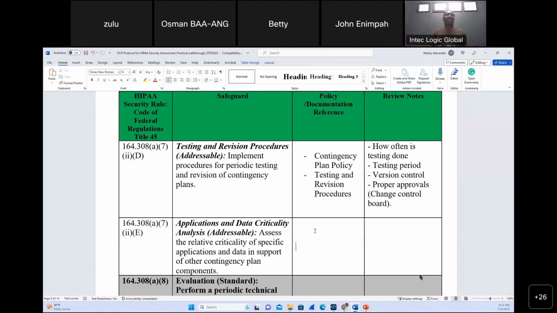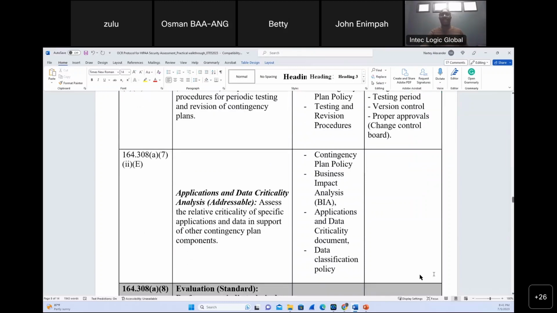We are interested in how you segment your data and how you segment your applications. Good. So we can have that within the contingency plan. John, you want to say something?